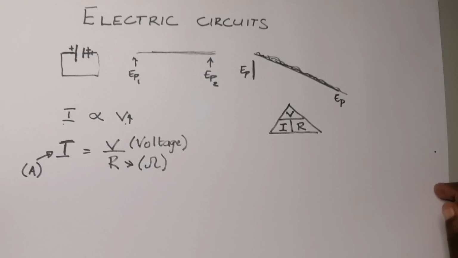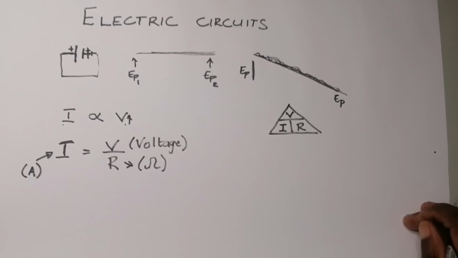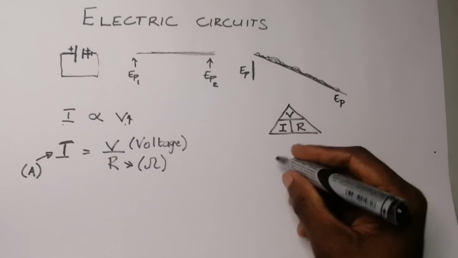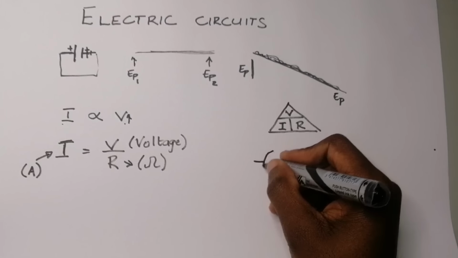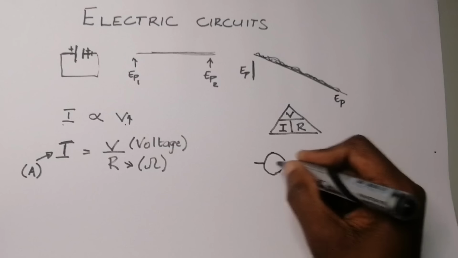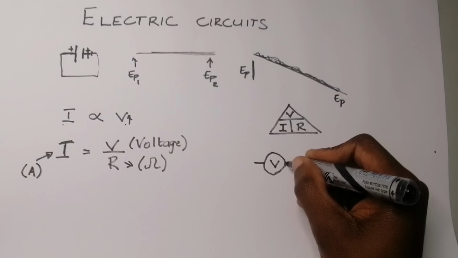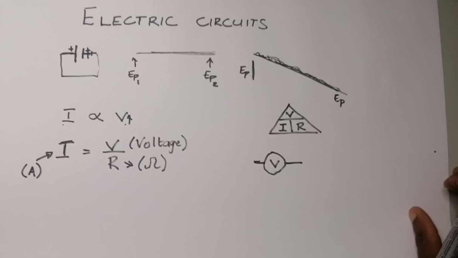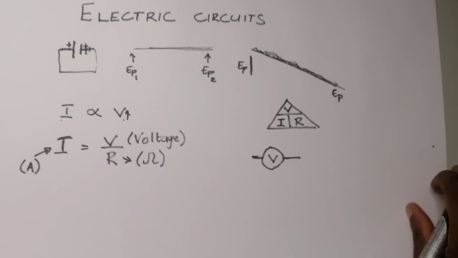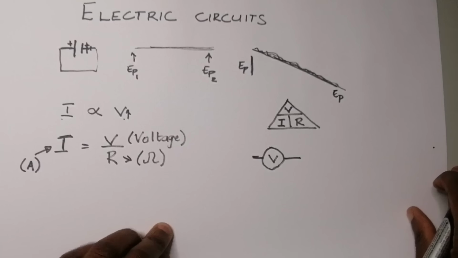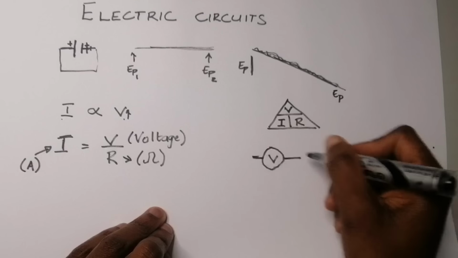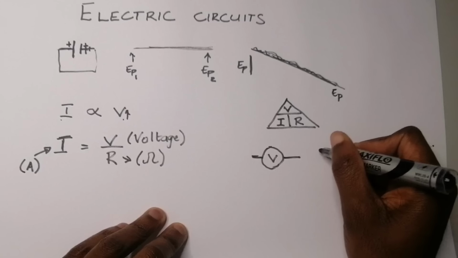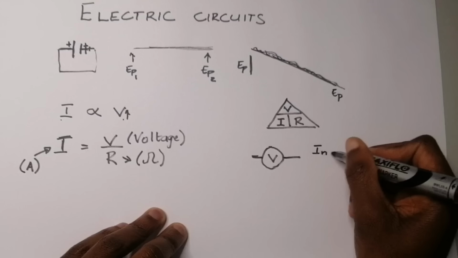Now there are just a few things that I want us to get out of the way. How do we measure voltage? We have what we call a voltmeter, a measuring device. Ideally, when we are dealing with the voltmeter, please listen to this carefully. An ideal voltmeter has infinite resistance.